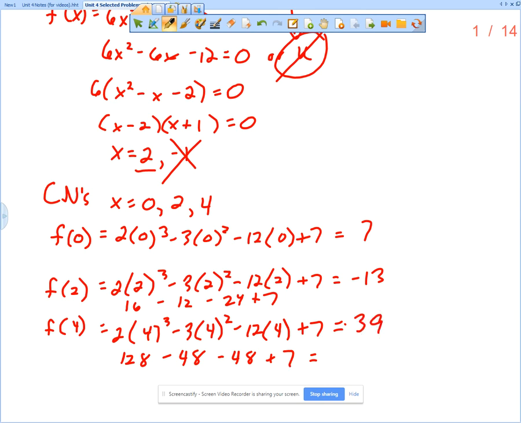All right, so now the critical number test. Remember, according to the extreme value theorem, absolute extrema must occur at an endpoint or an interior critical number if the function is continuous on that interval. So it is, and whichever one of these is the least, well, negative 13, that is the absolute minimum.